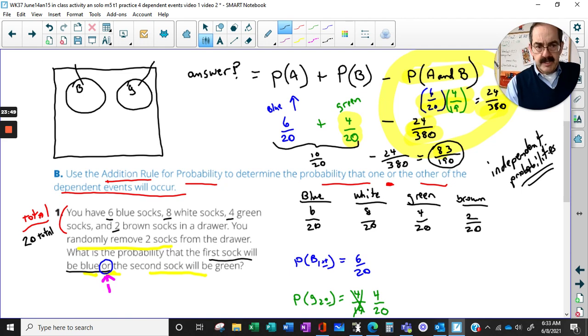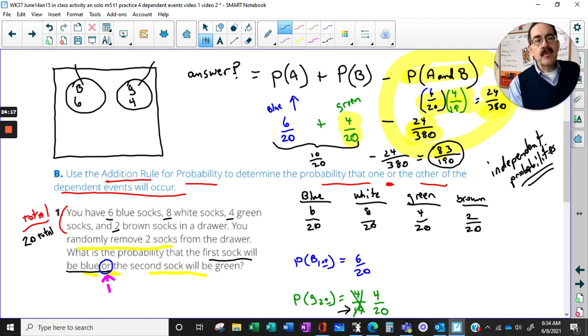We could pull some of these. But this 19 right here, on the first pull, we have 20 total. We could pull 6 of these. On the second pull, we have 4 of these.